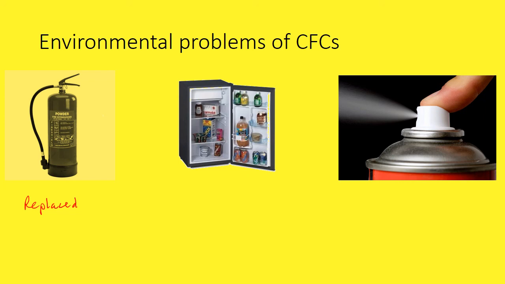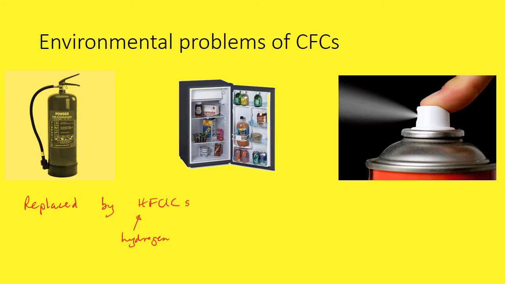So one temporary solution is hydrogen fluorochlorocarbons. As long as you don't have the carbon surrounded by just fluorine and chlorine, if you introduce a hydrogen back into the molecule, then that stabilizes it a bit. It doesn't break down in ultraviolet and thereby create the free radicals.